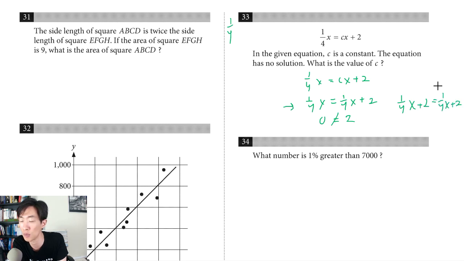So not only did I substitute 1/4 for c, I also changed the equation, because when you subtract 1/4 x on both sides, you're going to be left with 2 equals 2. And this works all the time, so no matter what value of x you have, 2 is always equal to 2. So this equation has infinite solutions. This equation has no solutions. So that's what you want to keep in mind on the SAT.